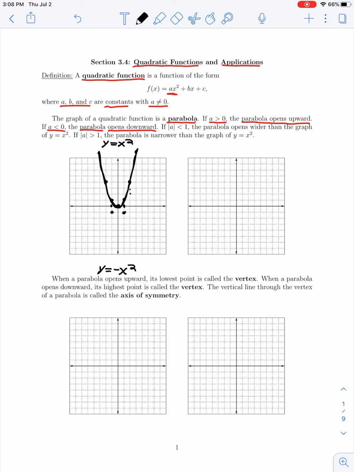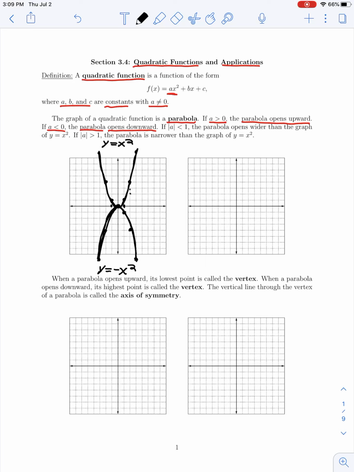When x is plus or minus 2, we would have y is negative 4. And when x is plus or minus 3, y would be negative 9. So we would have the parabola opening in this downward direction if the coefficient of x squared is negative.